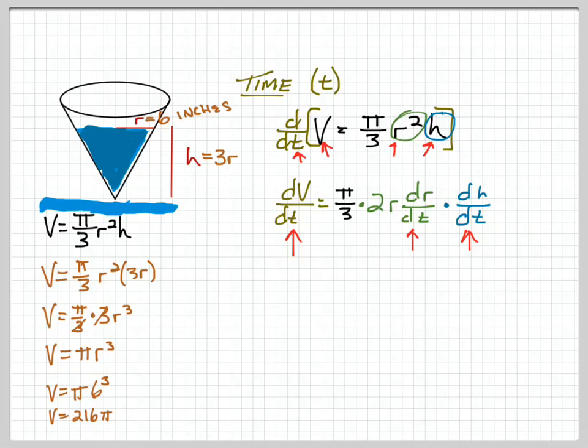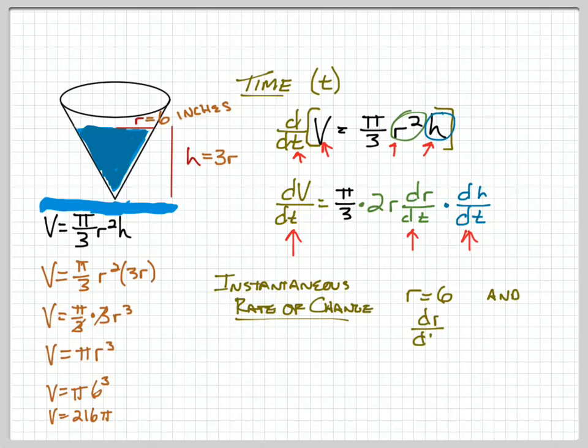So if we were able to stop the leakage, then we know that we've got a volume of 216 pi cubic inches. So if this continues to leak out, then we are looking at the instantaneous rate of change, and we are going to be looking at when r is 6 and dr over dt equals 2. So that means the rate of change of the radius at a specific time is 2.